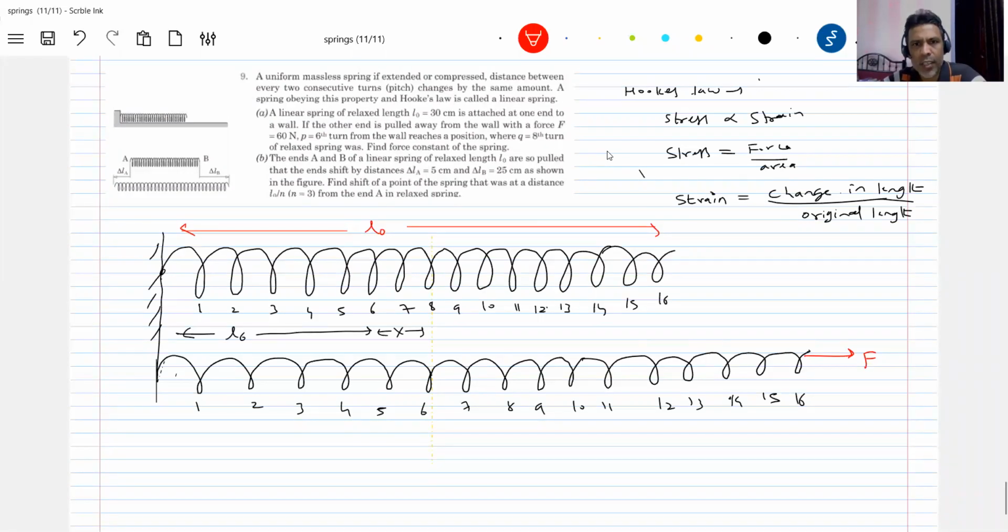Find the force constant of the spring: a force of 16 Newton, as he has given that also. I applied 16 Newton. Now, overall, one force is applied, the length of the spring is given as 30 centimeter. The sixth turn will be at the position of the eighth turn. With this information, we have to calculate the spring constant of the spring.